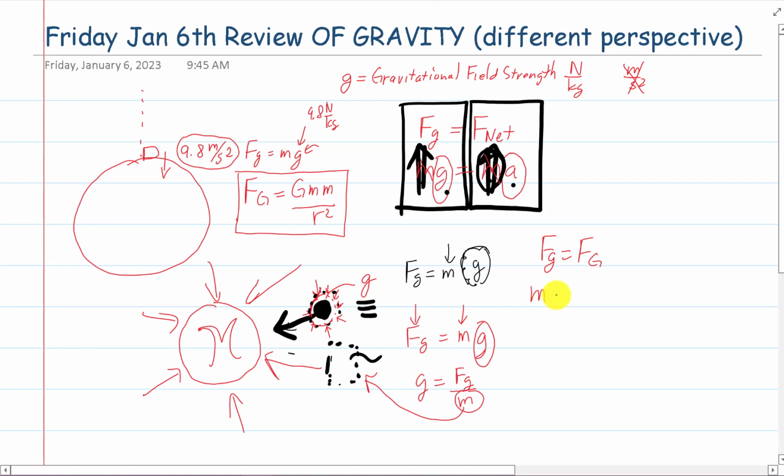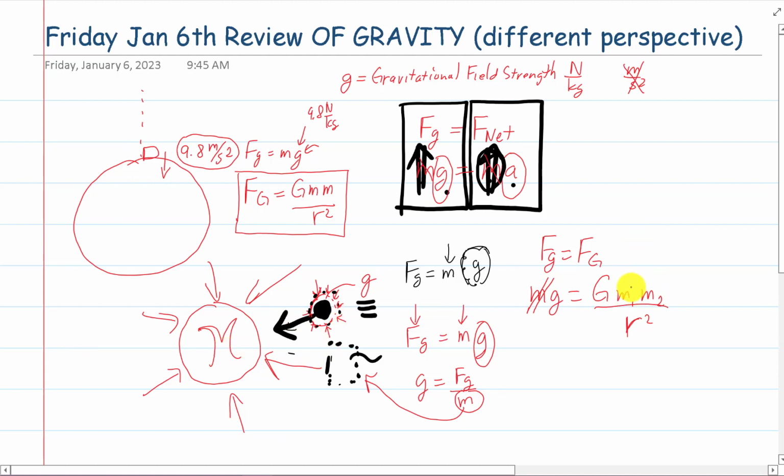mg is equal to G m1 m2 over r squared. They both calculate the same value. Two different ways of calculating it. This one needs the mass in that location. This one needs the mass in that location and the other mass.